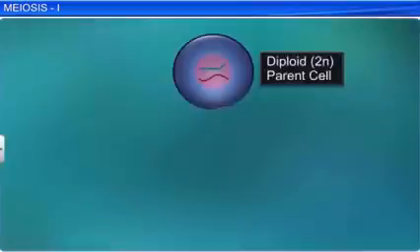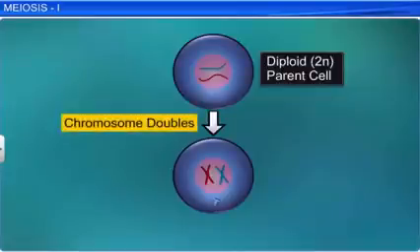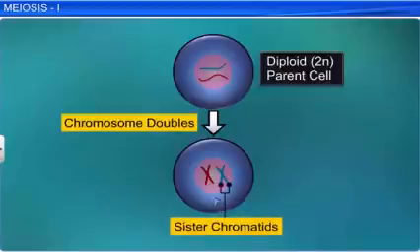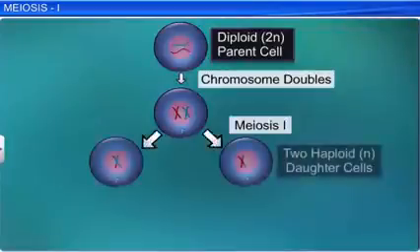Meiosis, like mitosis, is also preceded by an interphase stage, during which DNA replicates and each chromosome doubles to consist of two identical strands of DNA. Meiosis consists of two cell divisions, namely meiosis I and II.